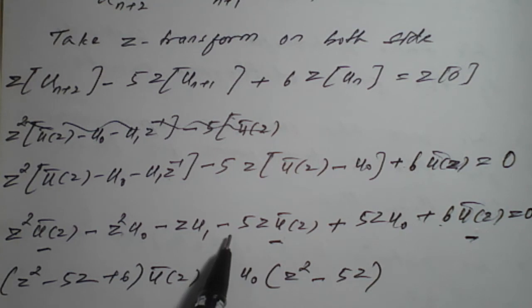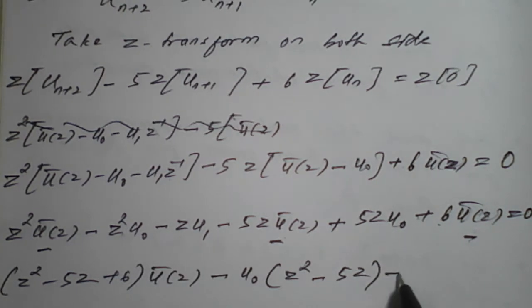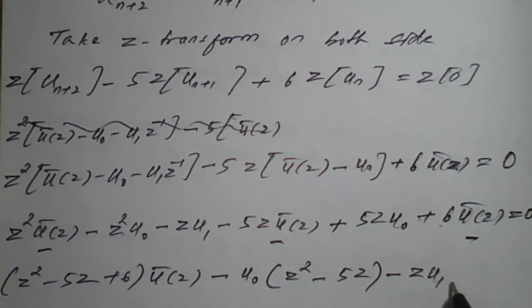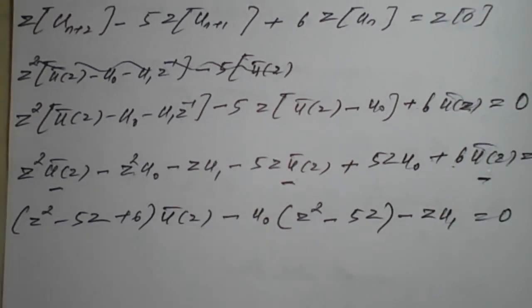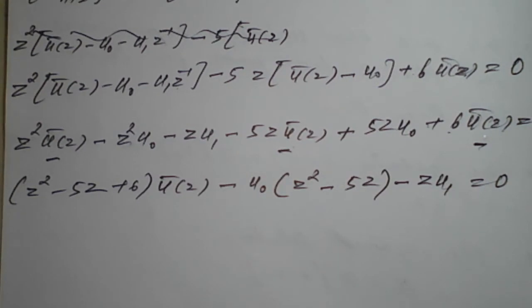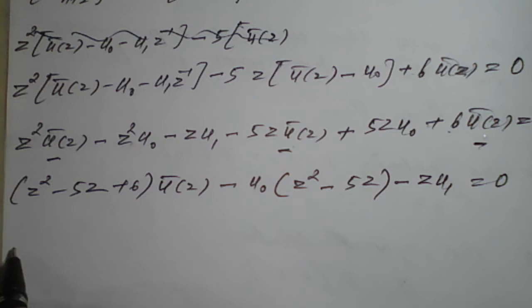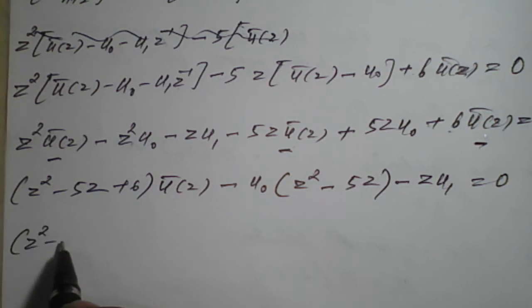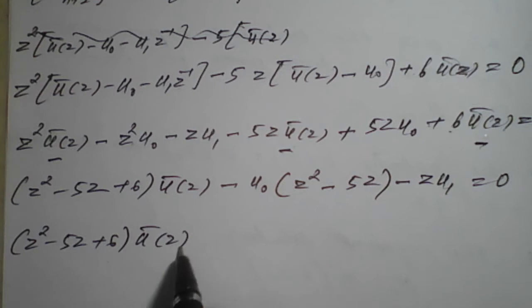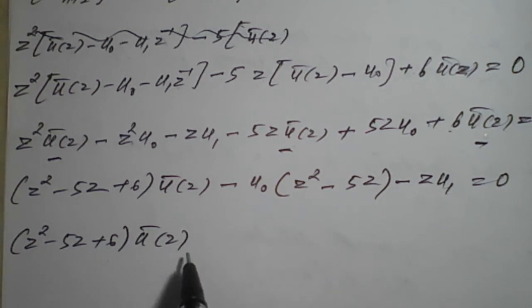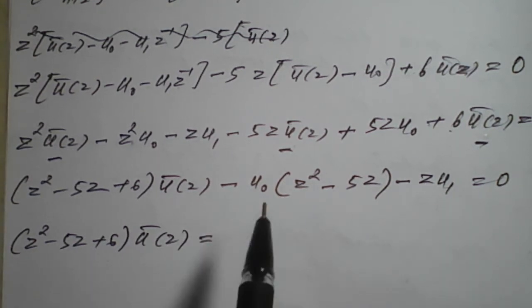Then what we have left, minus Z into u1 alone, we'll write as it is, Z into u1 is equal to 0. So once we got this, we need to rearrange. What we'll do here: Z square minus 5Z plus 6 into u dash of z we'll keep on the left hand side, and shift all the remaining terms to the right hand side.